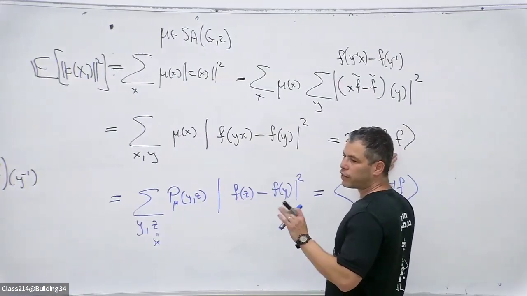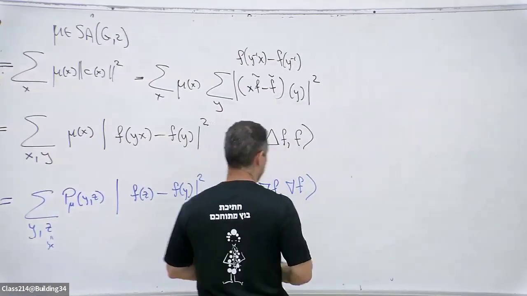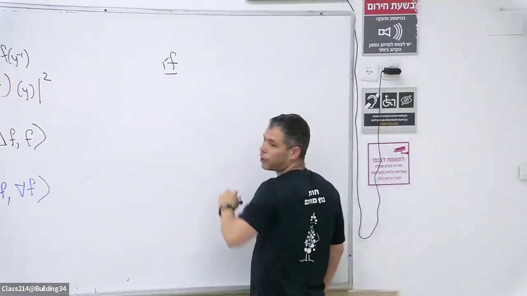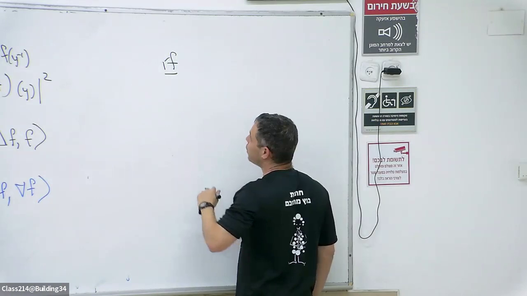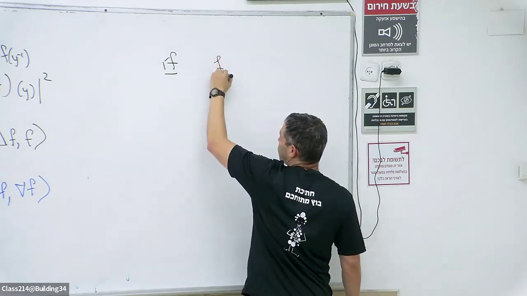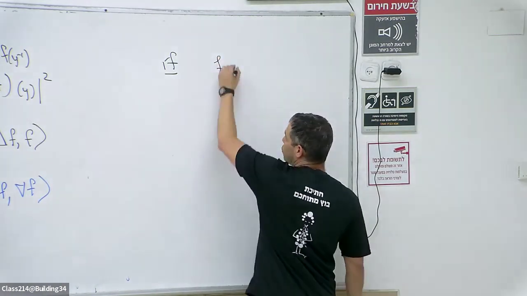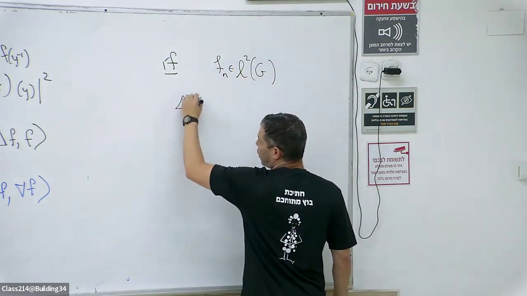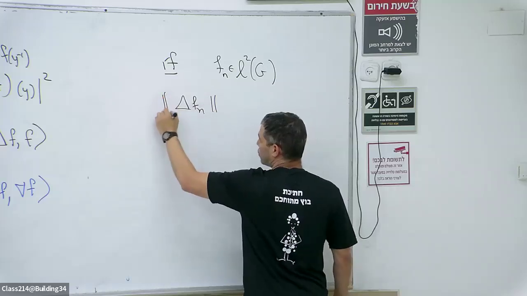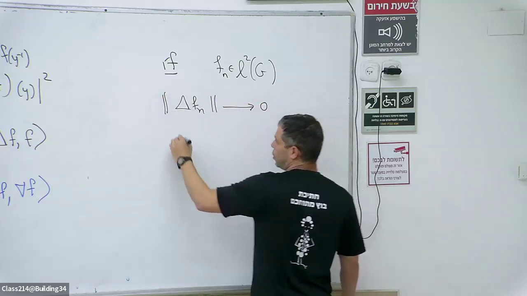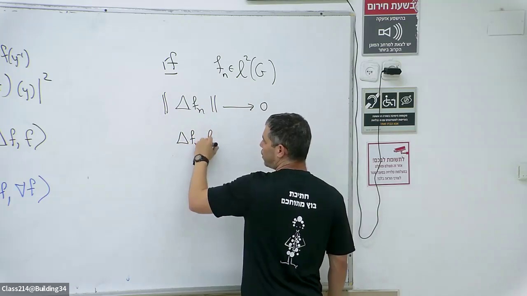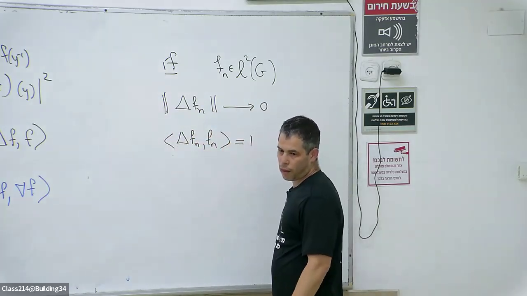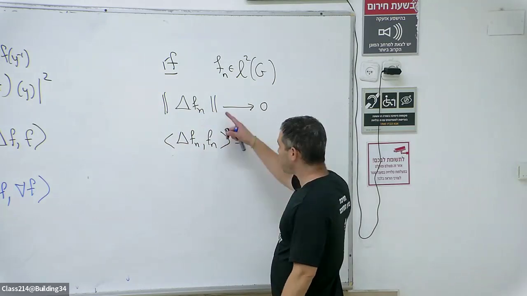So if I can find a sequence of functions, suppose I had a sequence of functions f_n in L2 so that their Laplacian goes to 0 and their Dirichlet energy stays fixed, maybe it's 1. Suppose I could find a sequence like this.